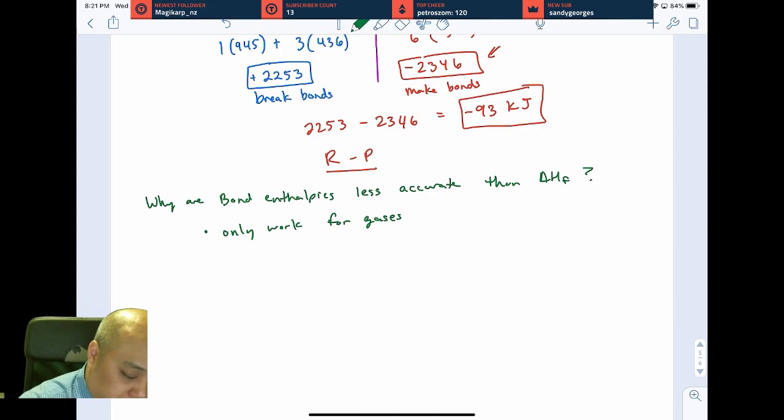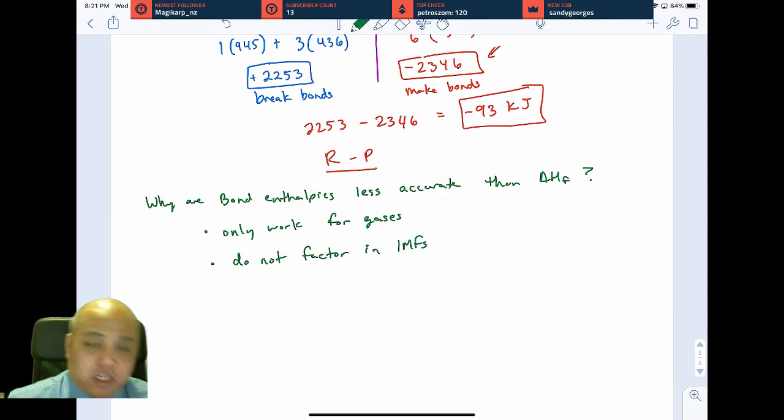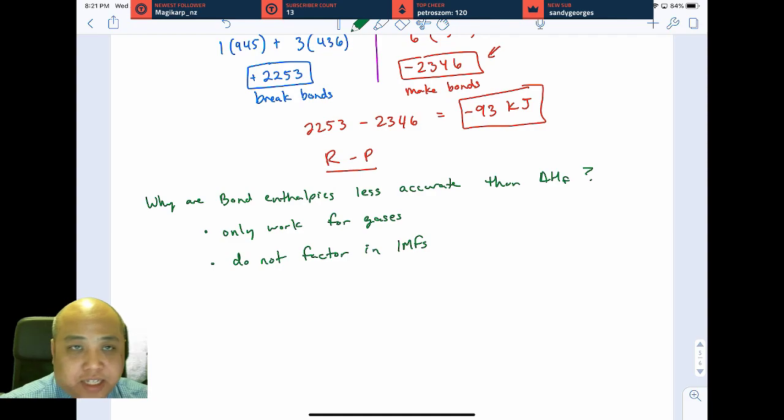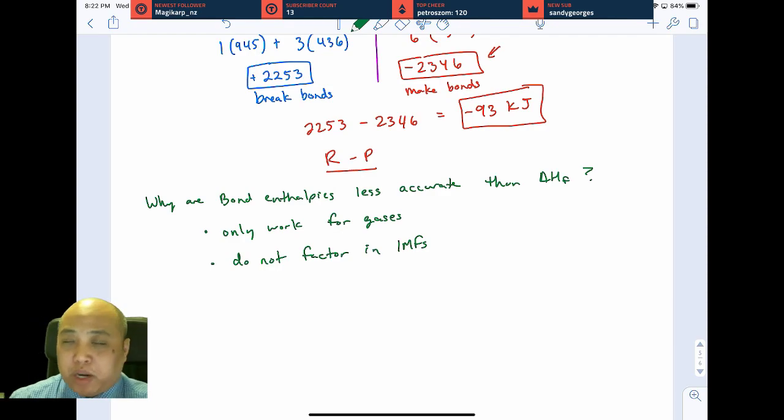Okay. Also, they do not factor in IMFs because even in your gaseous state, there's some energy required to break the force of attraction between the particles, which isn't factored into that. They're assuming all the energy is going into breaking the bonds, but that's not true because some of it has to go into breaking the IMFs as well.